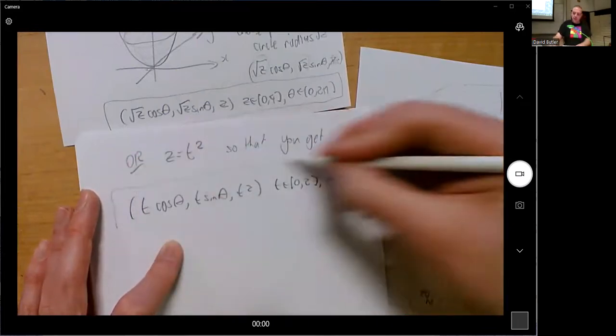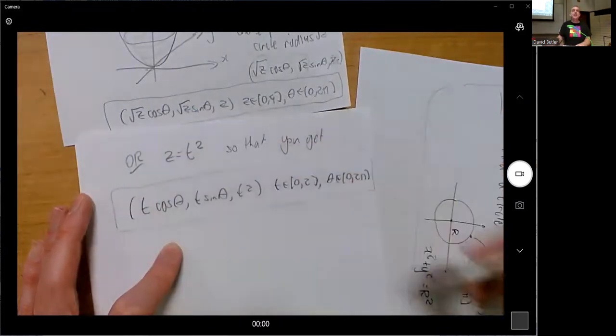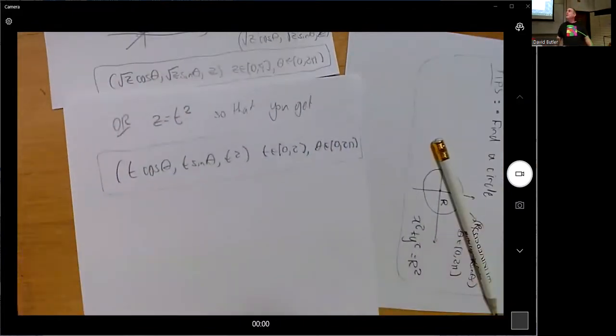That would have done the trick as well, and would have looked slightly cleaner, and my derivatives would have been easier if I had to differentiate it at some point. But it was the circle that made me do that parameterization.